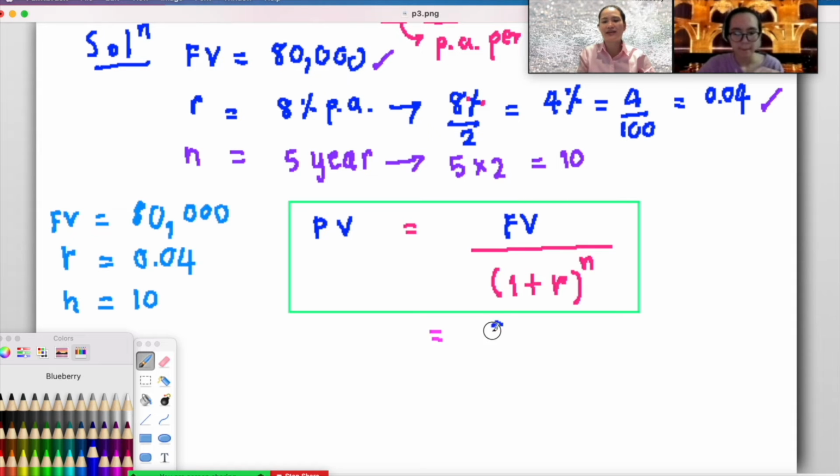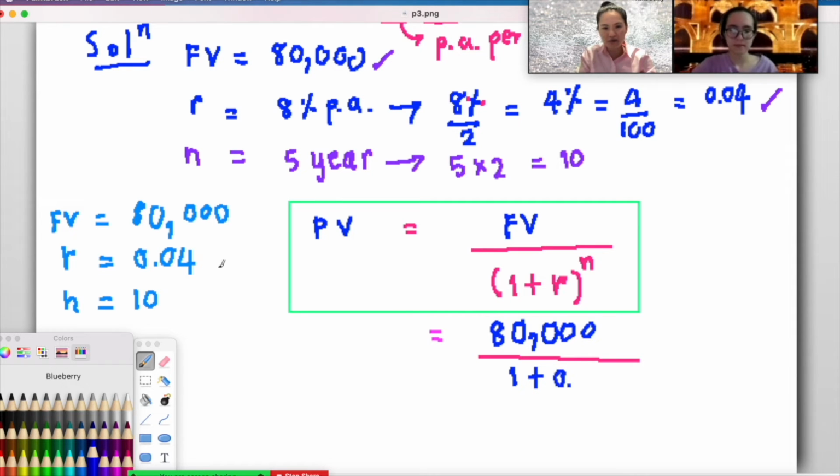What is FV, please? 80,000 divided by 1 plus R. R is 0.04. And all of them to the power N, the power 10.